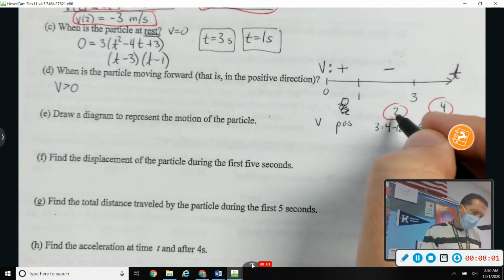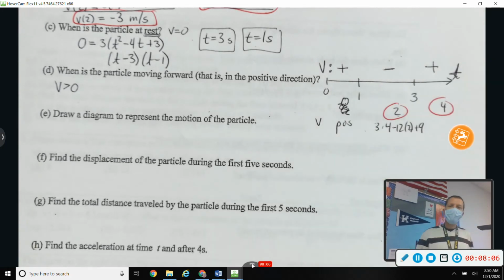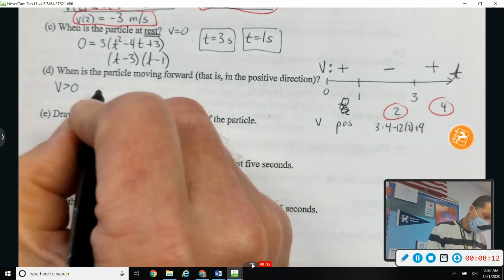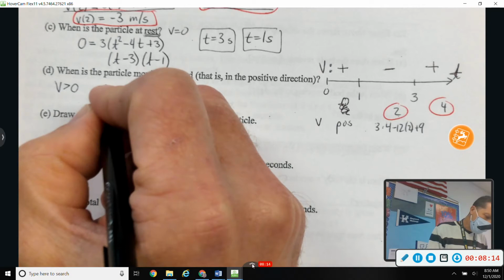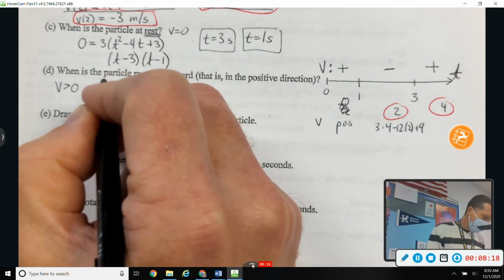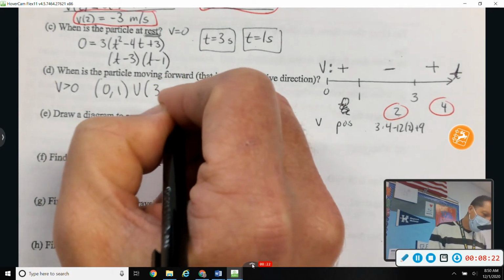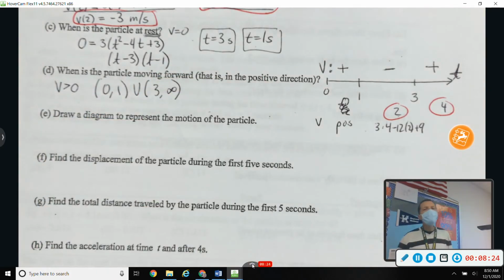At 2, V is negative 3, and at 4, V is positive, because we found that already. So that would mean V is greater than 0 from 0 to 1, and from 3 to infinity.